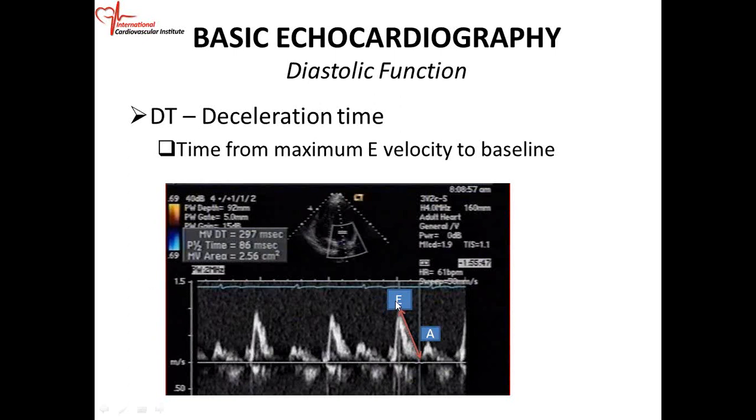So the definition of pressure half time is the time it takes for the pressure to fall to 1/2. So we know the pressure here. We can find out the pressure at half the pressure then. So you can get half the pressure of this peak.